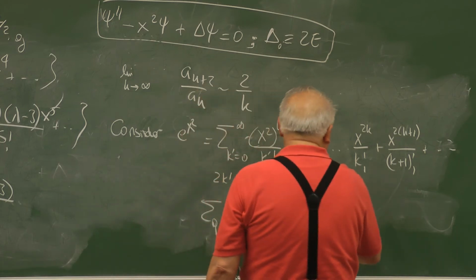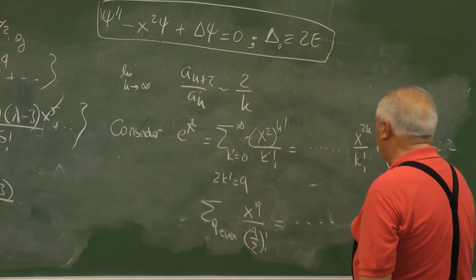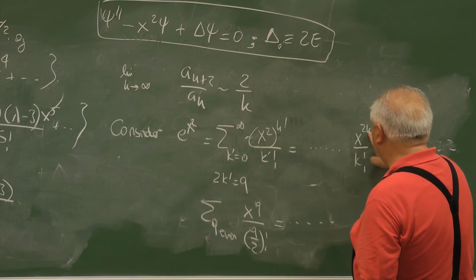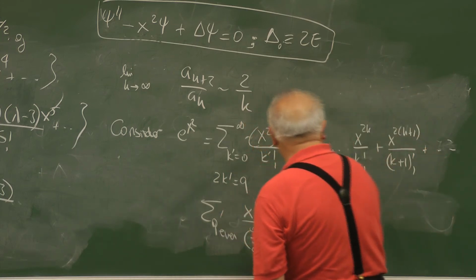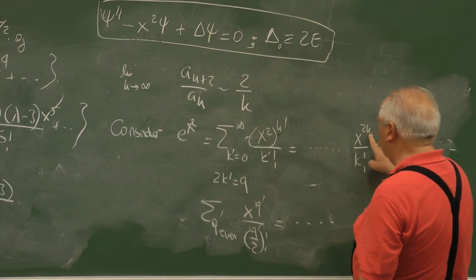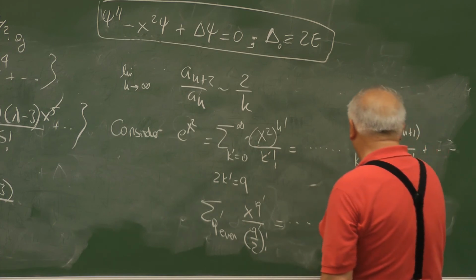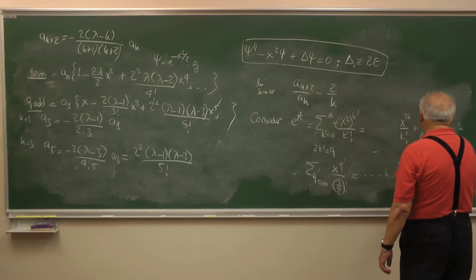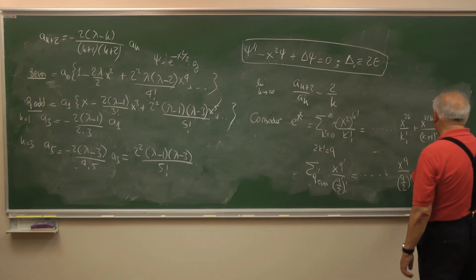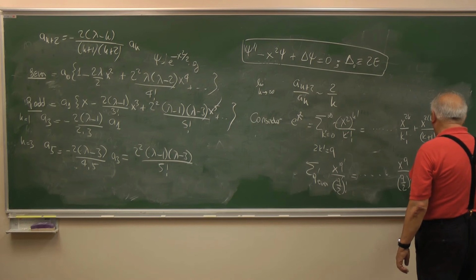So there will be many terms. Corresponding to this 2k equals q. So there will be x to the q over 2 factorial plus x to the q plus 2 over q over 2 plus 1 factorial.